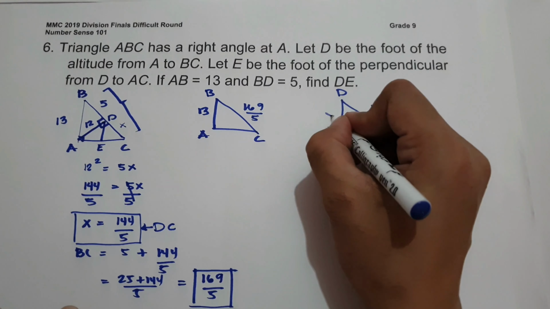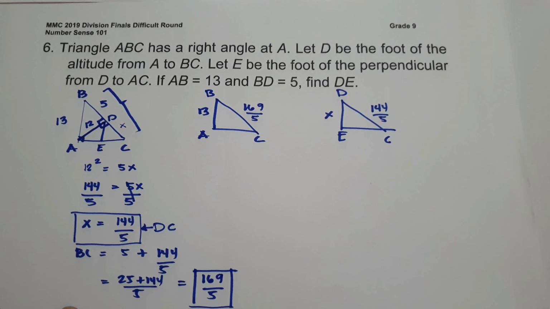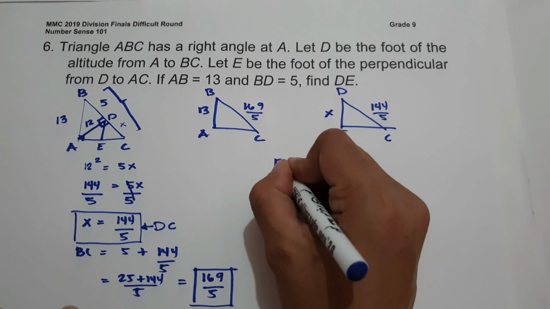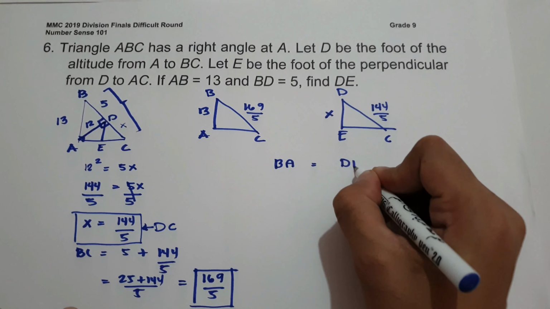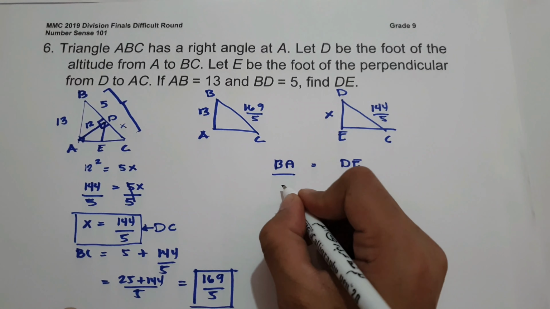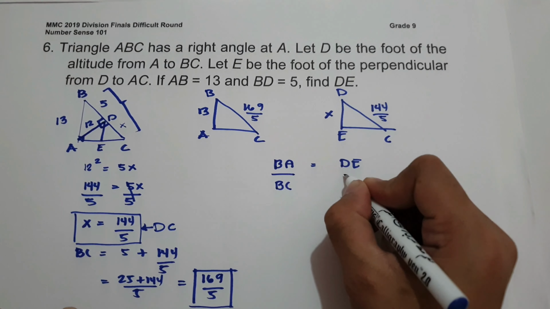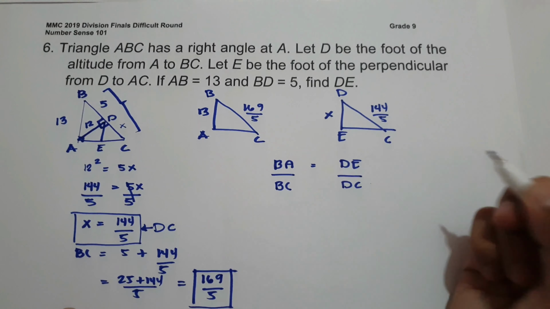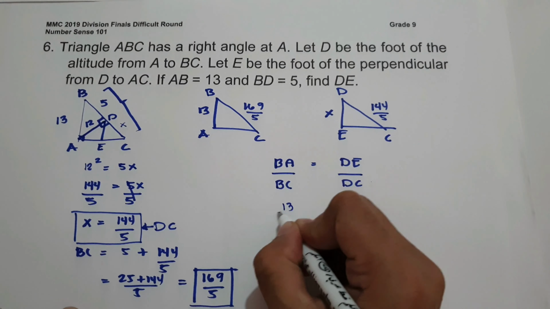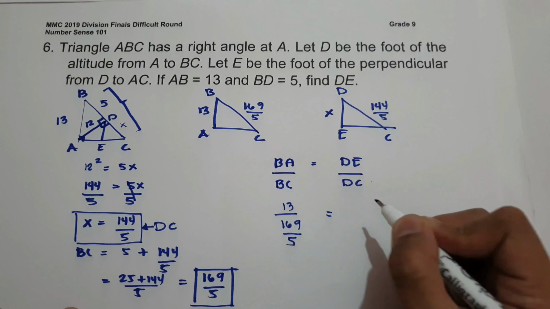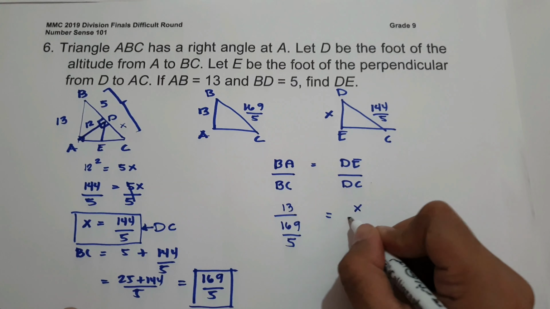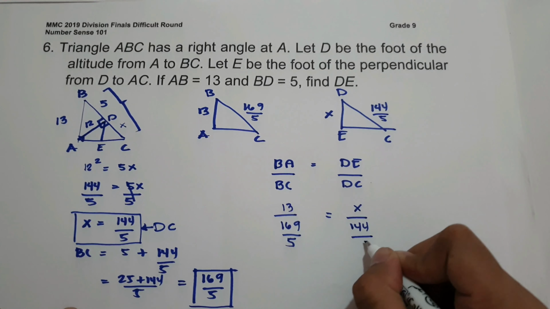And we are looking for DE. So to find DE, let us have BA, which is corresponding to DE. And then we have BC, which is corresponding to DC. So BA is 13, BC is 169 over 5, and then DE is X, and DC is 144 over 5.